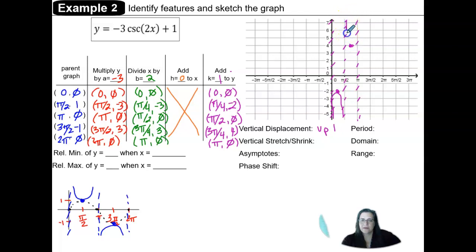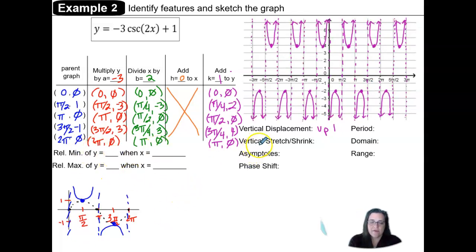And that will be our U-shape between those asymptotes. So we would continue this pattern then in both directions, with alternating U-shapes followed by asymptotes in between.